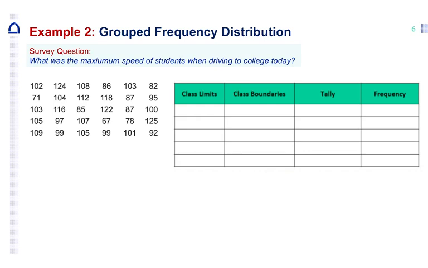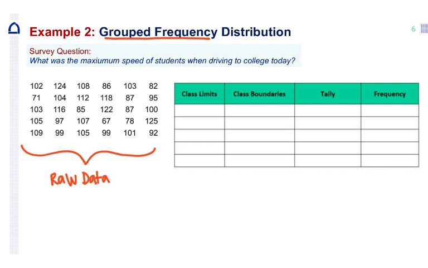So this would be an example where we have to make a grouped frequency distribution to organize all of this raw data. Again, raw data is the vocab word we use to describe the answers to our survey questions that have not yet been organized. As you can see, they're not organized in any way, small or big. It could just be the order that I received the answers.